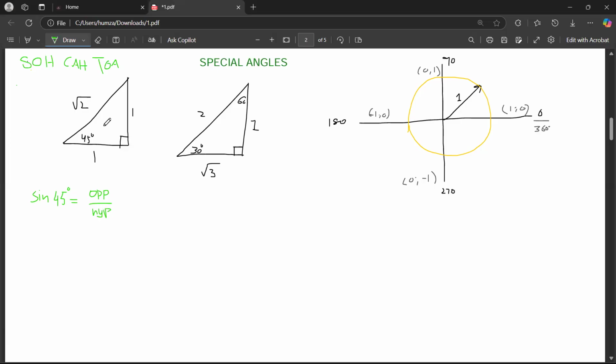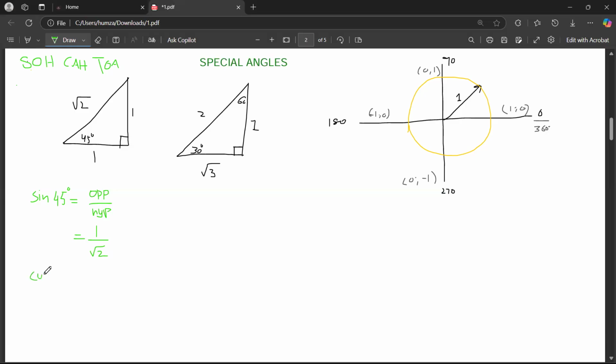Looking at the 45 degree triangle, the opposite side is 1 and the hypotenuse is root 2.